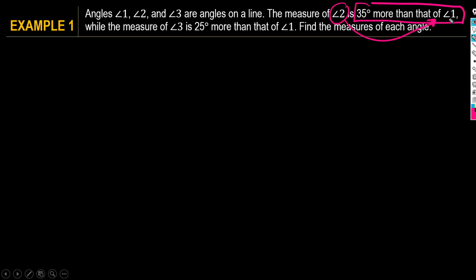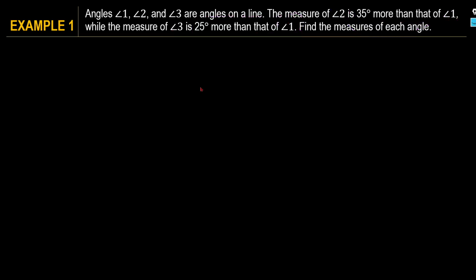Kasi whatever the measurement of angle 1 is, angle 2's measurement is 35 degrees more than that. And that's the same thing for angle 3. Its measure is 25 more than that of angle 1. So, since both angles seem to be anchored on the measurement of angle 1, it's best to represent the measure of angle 1 as x.